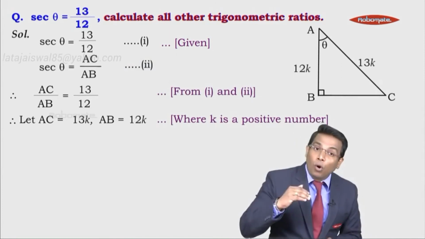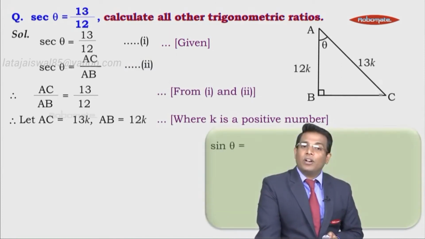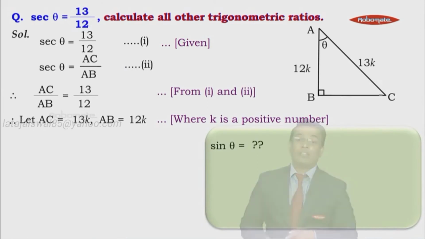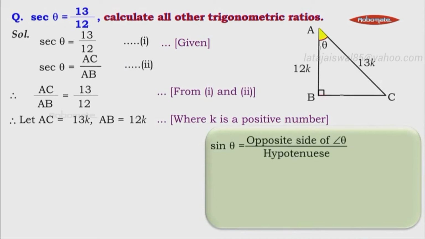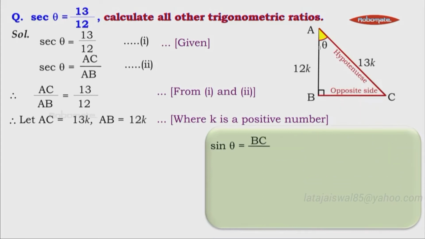Now we need to get all other trigonometric ratios, right? That means we need to get the value of sine theta. Sine theta is nothing but opposite side upon the hypotenuse. So it will be BC upon AC. Now the next one which we want, that is cos theta.